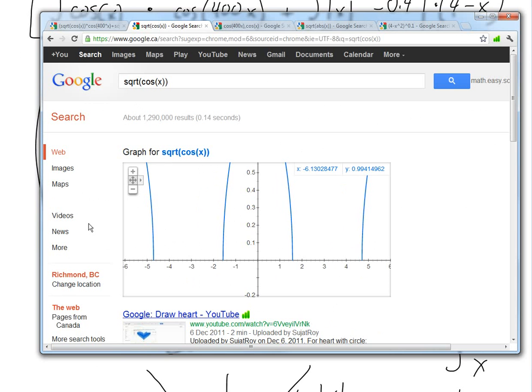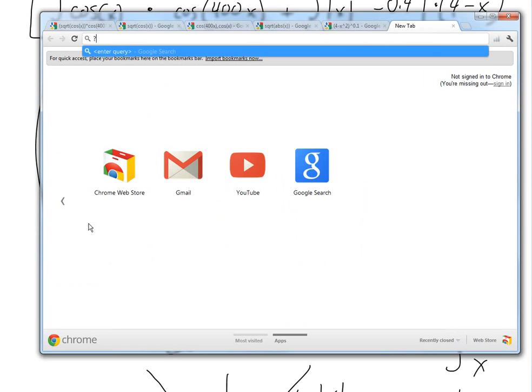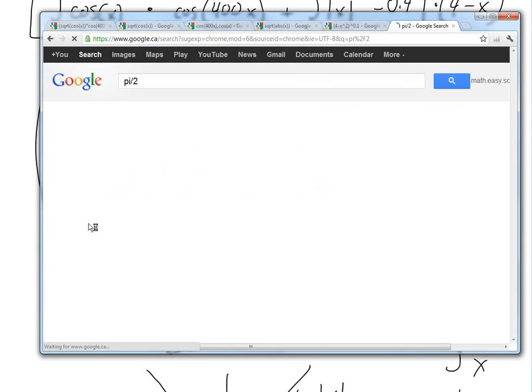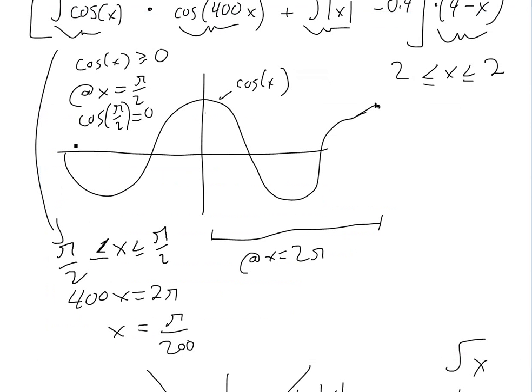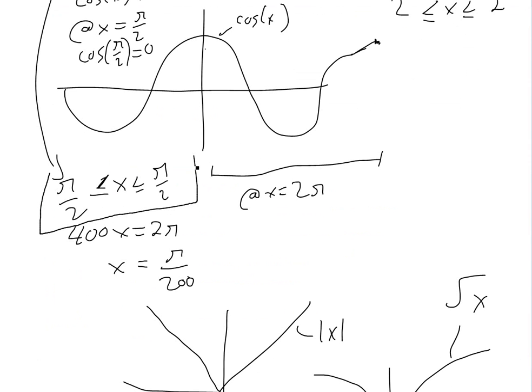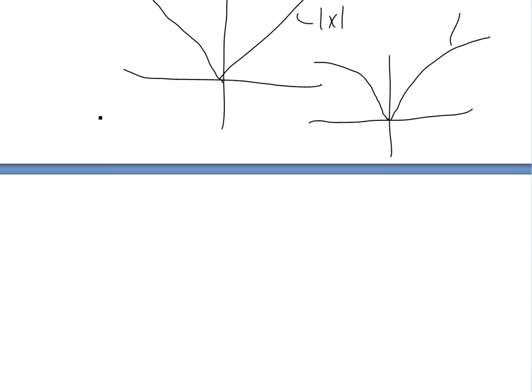And pi over 2, if you just type it in, is 1.57. I'll just write it a bit neater over here. So x is less than pi over 2 and greater than negative pi over 2.